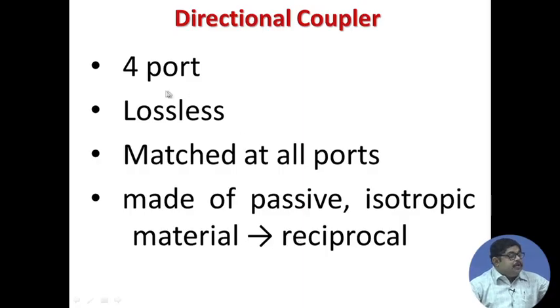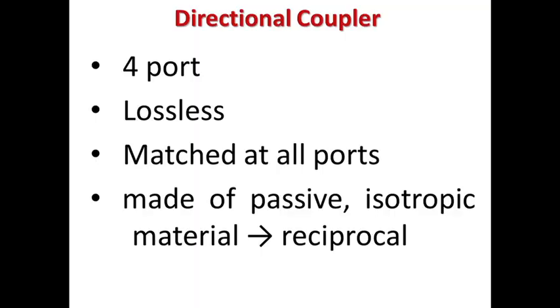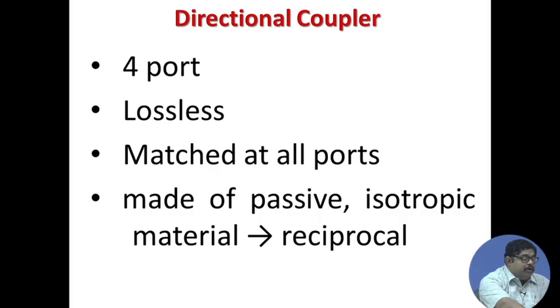Instead of 3-port, if we open up another port, obviously that means more circuitry. But with 4 ports, our wish list is completed: the 3 properties that we demanded from a microwave network, lossless, matched at all ports with no mismatch, and reciprocal, are all satisfied. Since directional couplers satisfy all our wish list, they are used heavily in microwave circuits.